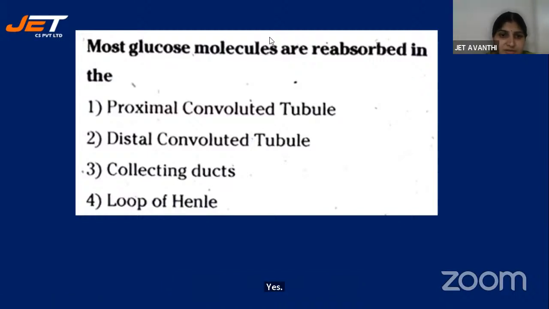Yes, very good. Jessica, Shivani, PCT. Yes, children, absolutely correct. It is PCT, the proximal convoluted tubule. Amino acids, glucose, and water are mostly reabsorbed in the PCT.